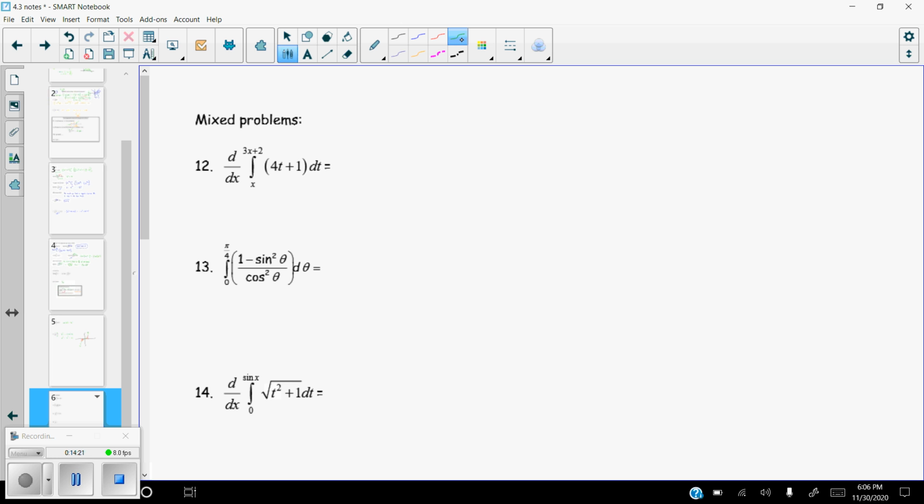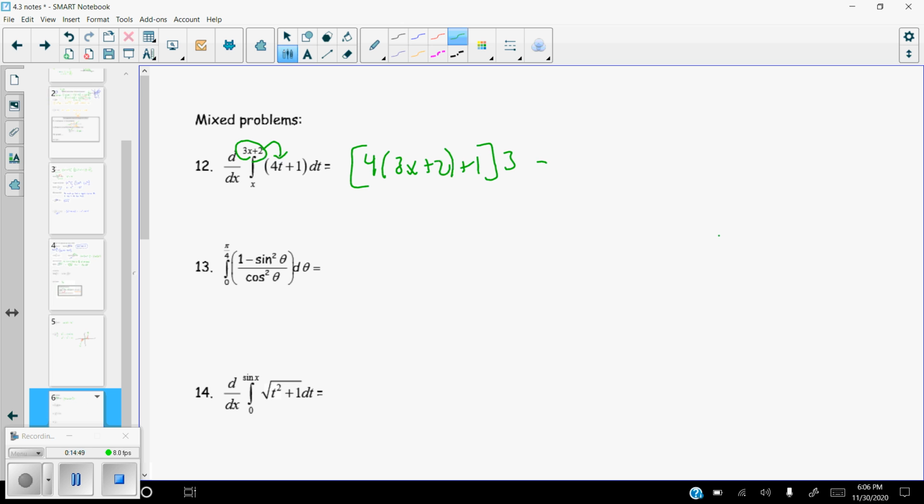So if we were to take the derivative of the first one, notice we have x's in both of the bounds, so we have to include both of them. So the first thing is we're going to take that and we're going to plug it in for t. So we're going to get 4 times 3x plus 2 plus 1. I have to multiply that still by the derivative of the bound, which is 3. Make sure you put that whole thing in parentheses, otherwise you might forget to multiply every piece by 3.